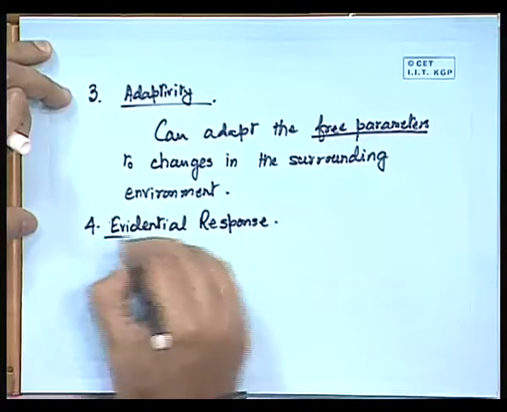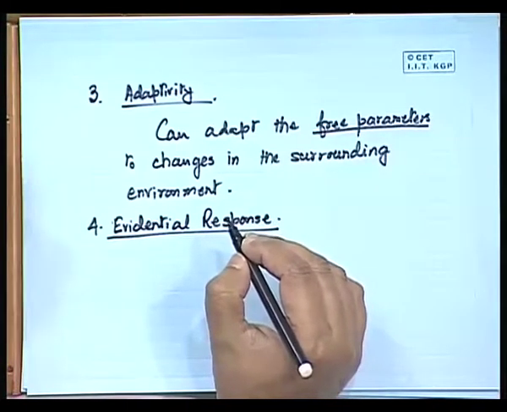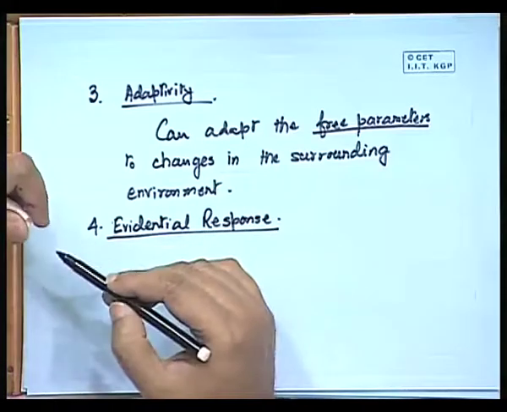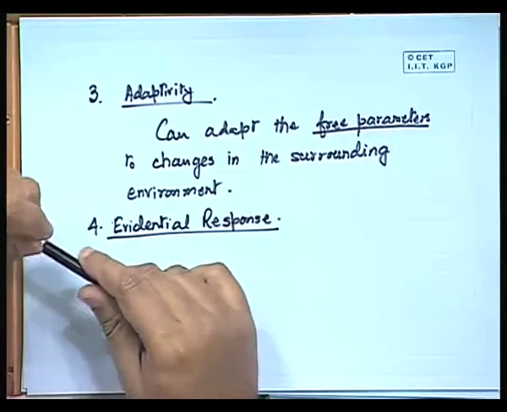So, in that we can say that the neural network is able to give what is called an evidential response. And just see that we human beings, a lot of times we give the response with some evidentiality in it. Like we can always say that yes, I think it is going to happen that way. We associate the word I think. That means we are associating some kind of a confidence measure.